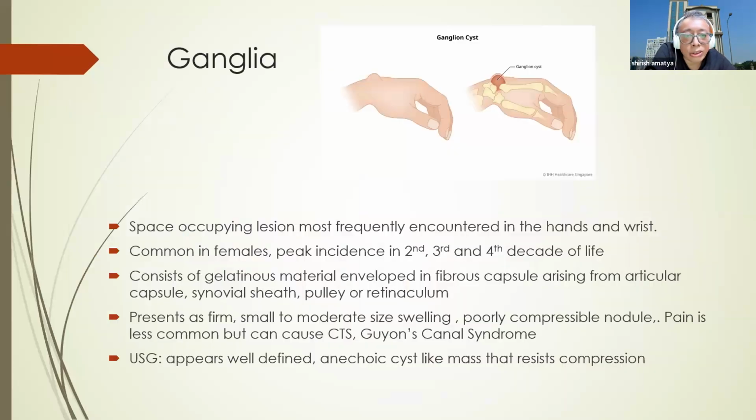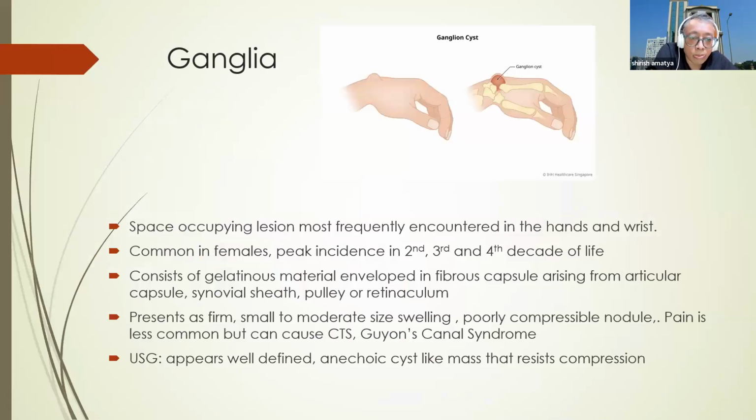Dr. Milton has already covered ganglia, but I'll summarize very briefly. Ganglia are space-occupying lesions, most frequently encountered in the hands and wrist. They are very common in females, normally between the third to fourth decade of life.